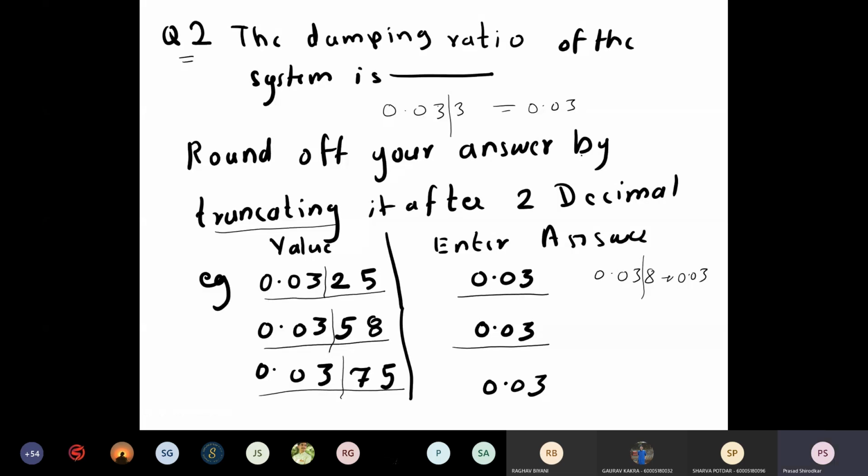Do not submit the answers. You will not be able to submit the answers. I'll change the setting.